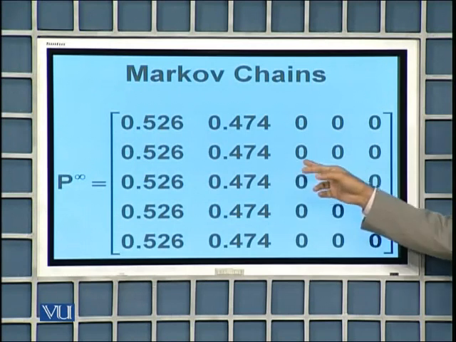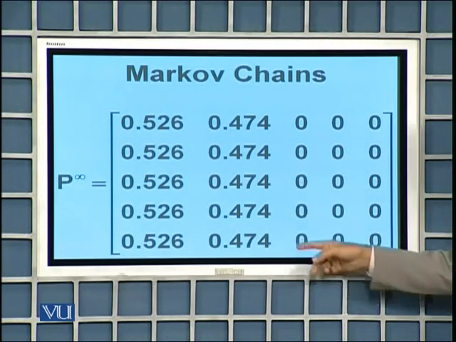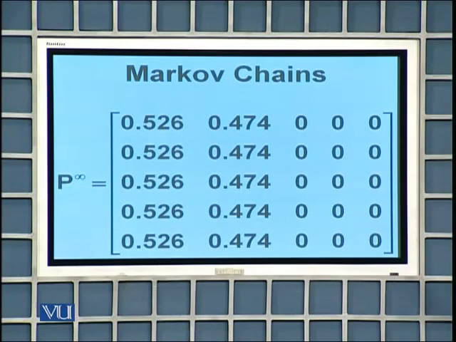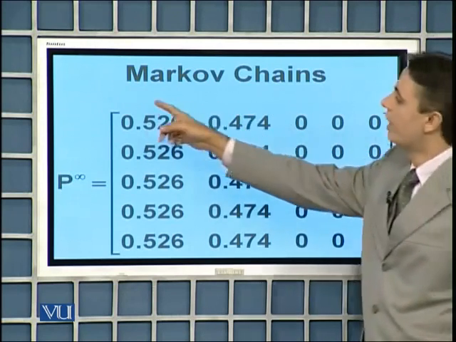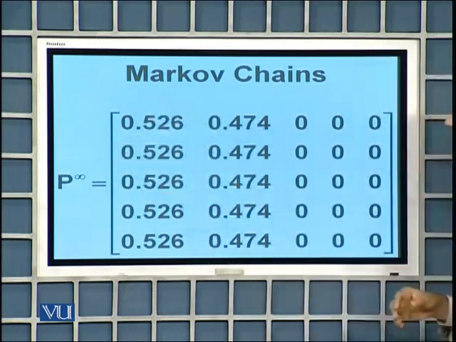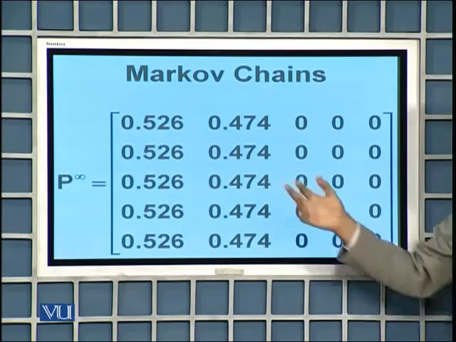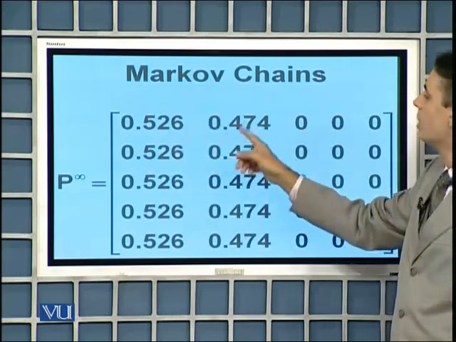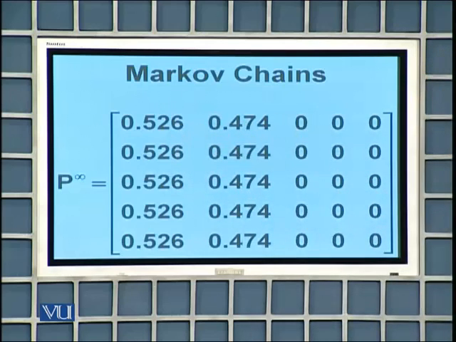So you can see that in the long run, the n-step transition probabilities between transient states have gone to 0, and in the long run, the n-step transition probabilities between recurrent states give you a stationary distribution of 0.526 and 0.474.